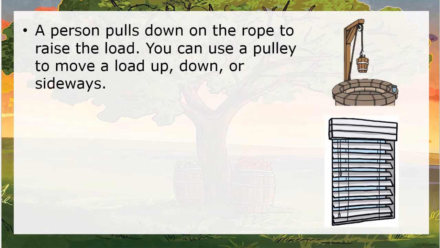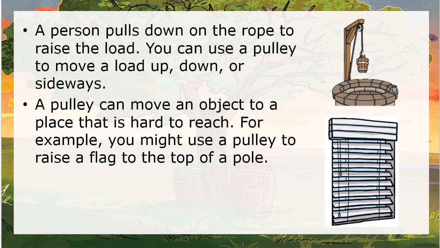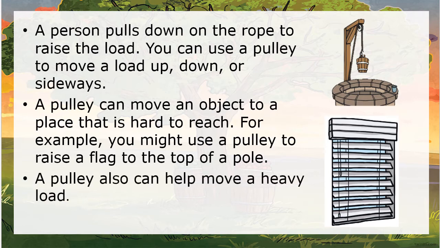You can use a pulley to move a load up, down, or sideways. A pulley can move an object to a place that is hard to reach. For example, you may want to use a pulley to raise a flag to the top of the pole. A pulley also can help move a heavy load.